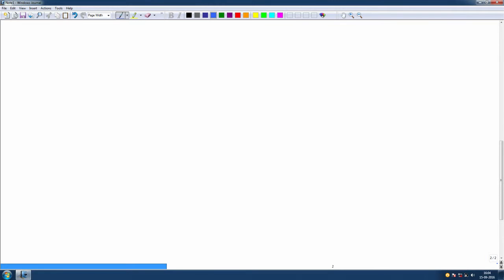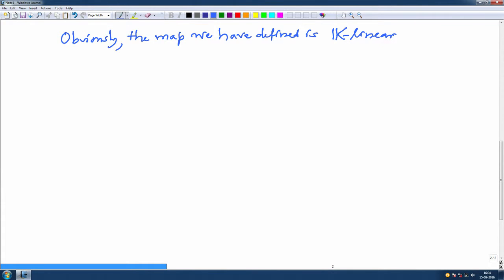We have checked that both are vector spaces of dimension m. The map I have defined is obviously K-linear, because derivatives, second derivatives, etc. are K-linear.